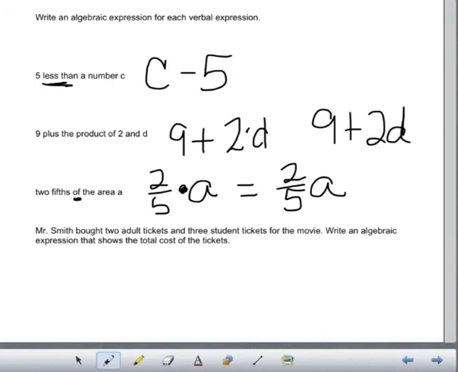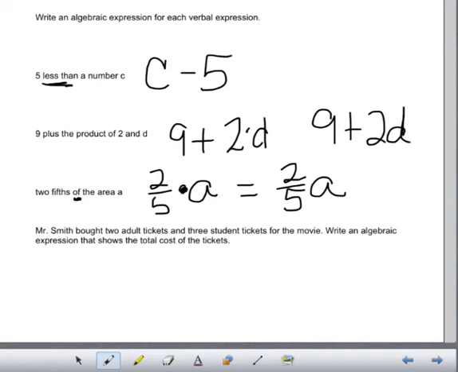Okay, look at this last example here. Mr. Smith bought 2 adult tickets and 3 student tickets for the movie. Write an algebraic expression that shows the total cost of the tickets. Again, am I writing an equation here? Am I going to have an equal sign? No, I'm just writing an expression. Okay, no equal sign.